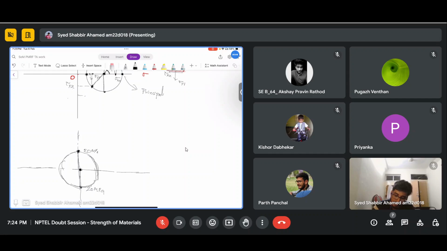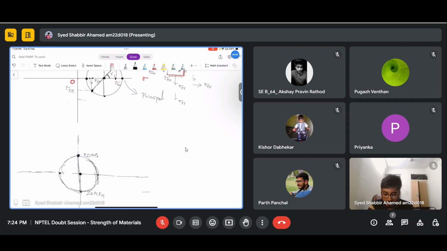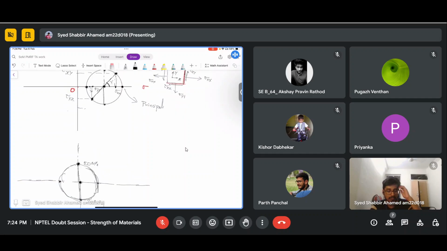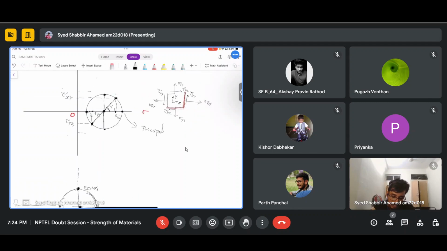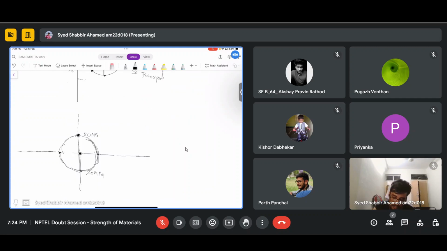Okay, and these are the principal planes for this. This is how we draw the Mohr circle. As I have explained here, you take whatever state of stress is given: sigma xx, tau xy, and again sigma yy, tau yx.